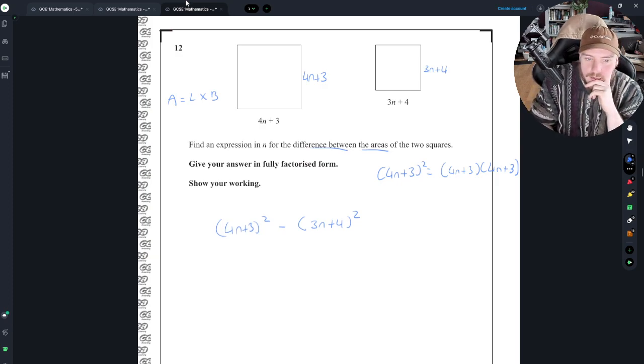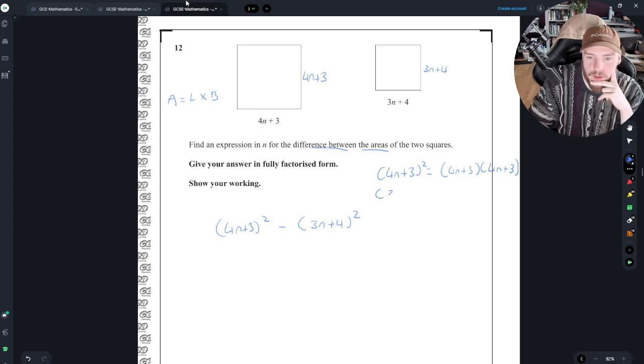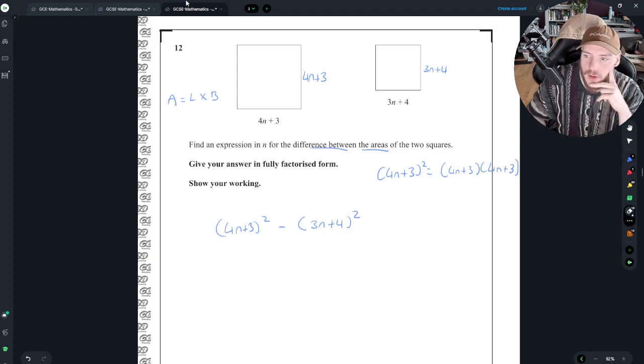So I'm going to expand the bracket. Expand the bracket if you want, just so we have all the working out for you to see what I'm doing.